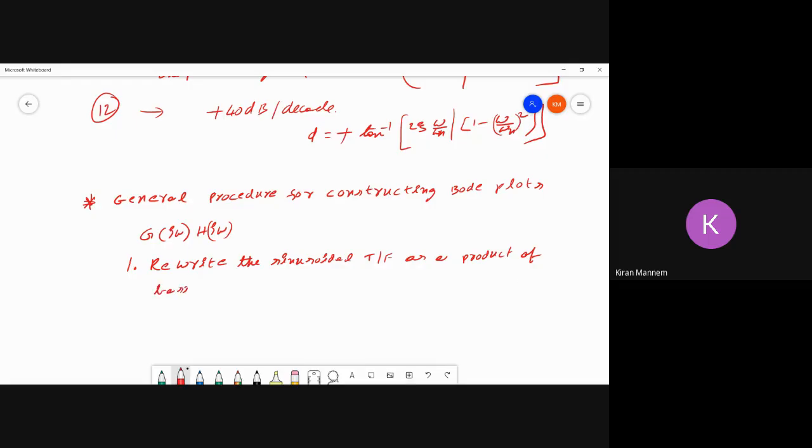Very important point, basic factors. So in time constant form.